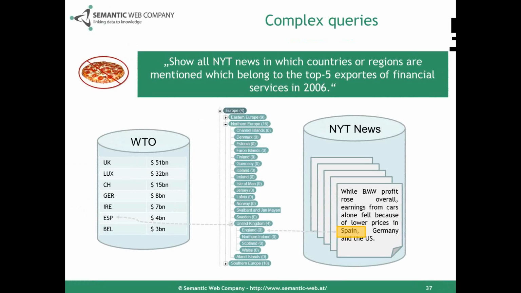So instead of this undefined linking between the relational database and the text corpus, we have now this semantic layer in between, which helps us to find links, for instance, Spain and the abbreviations for each country. That's something you can link easily with the thesaurus and things like that.